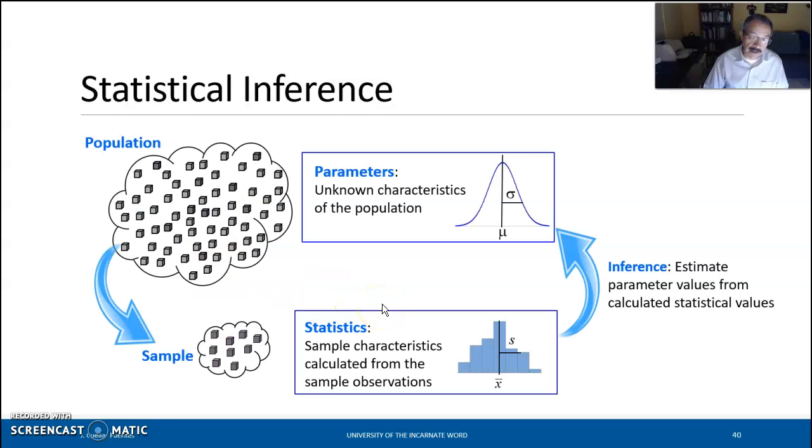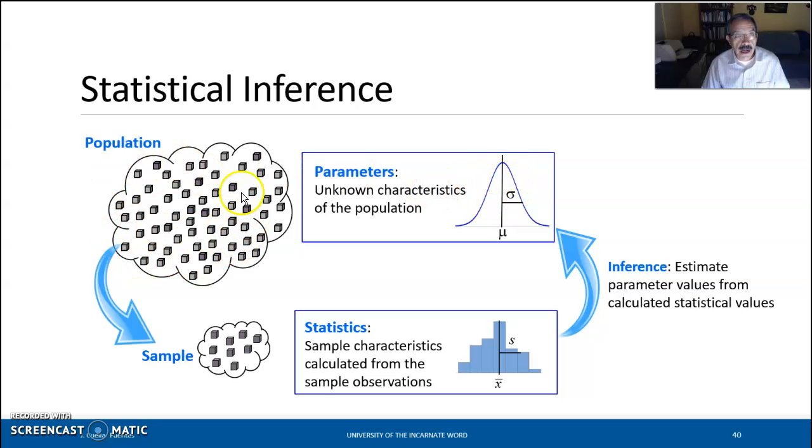If you remember the idea of statistical inference that we reviewed in chapter 1, in chapters 5, 6, and 7, we were given the parameters as if we knew all the characteristics of the probability distribution of the population. In general, we don't know that.